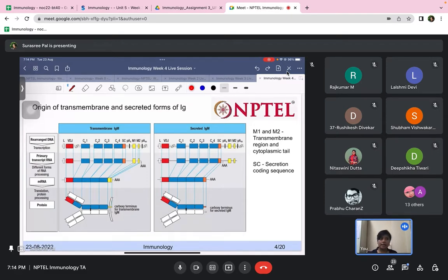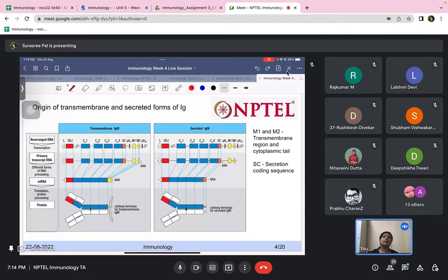If you remember the B cell receptor structure, the B cell receptor has a similar structure to immunoglobulins or antibodies, but it is bound to the membrane of the cell. So it has a transmembrane region with which it is bound to the cell membrane.